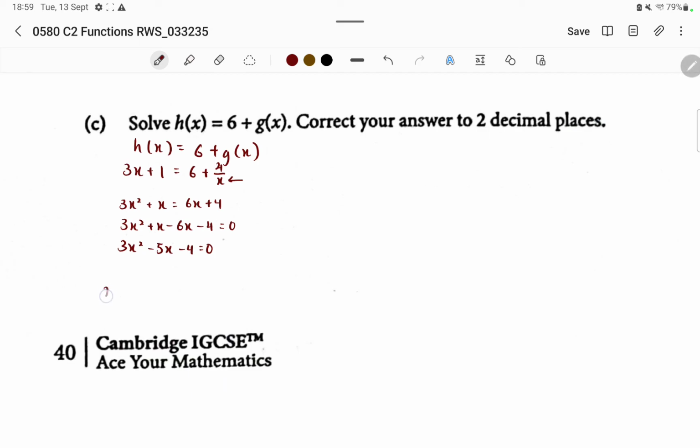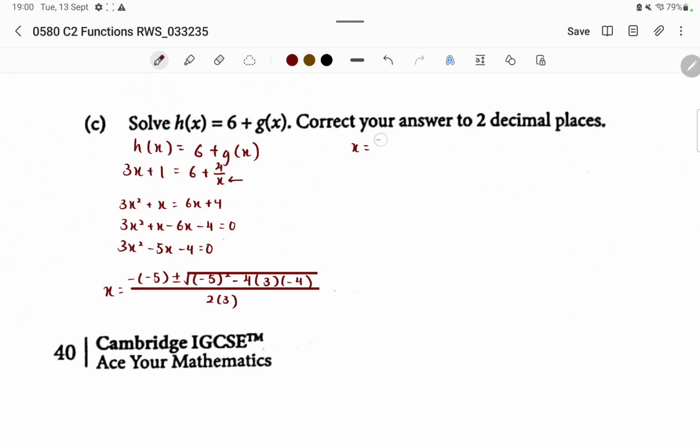So x equals to negative b, so negative negative 5, and then plus or minus square root of b squared minus 4ac. So minus 4 multiply with a, and then c. Okay, and then after that over 2 multiply with a.